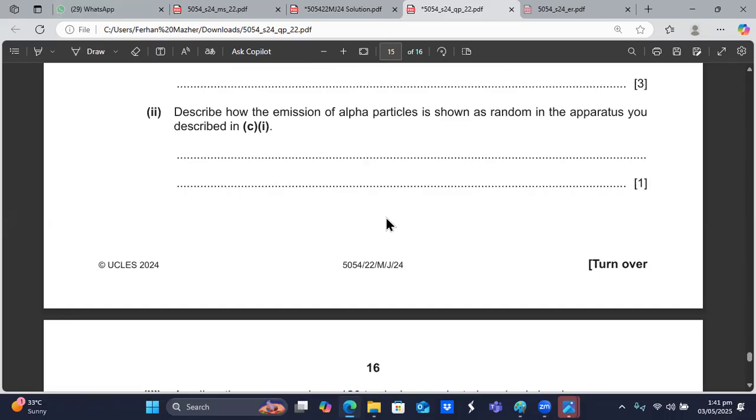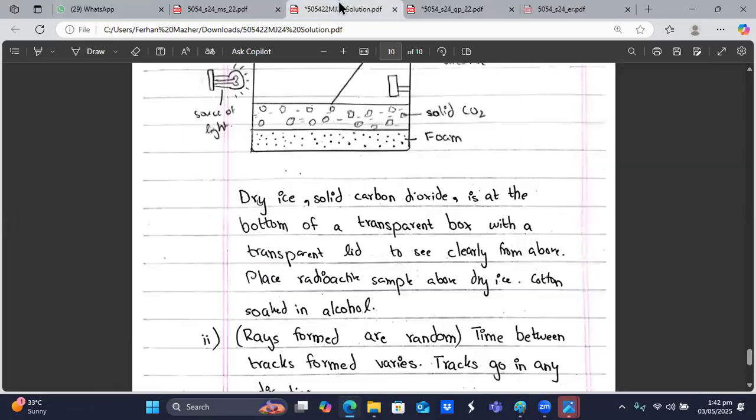Whenever the alpha particles are produced in the cloud chamber, their emission is random. So the time duration between the sparks you cannot predict, and the direction of those sparks you will not be able to predict. Everything will be random.